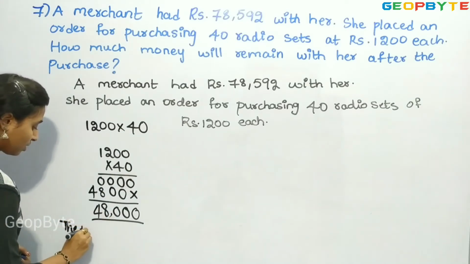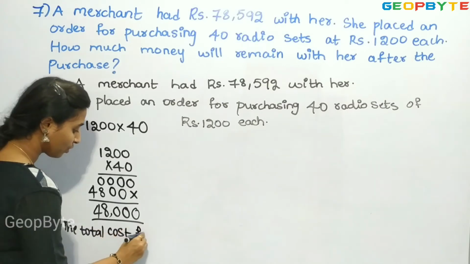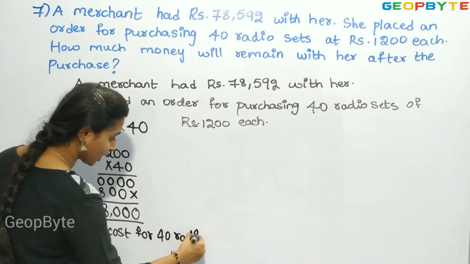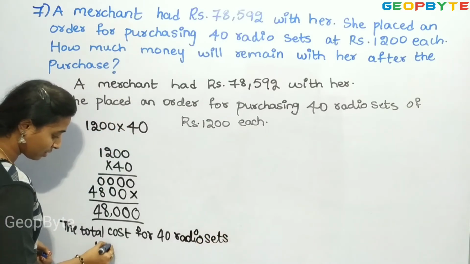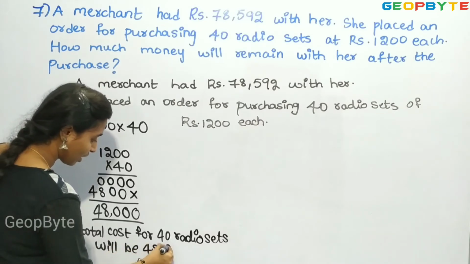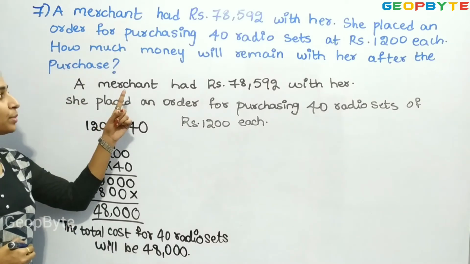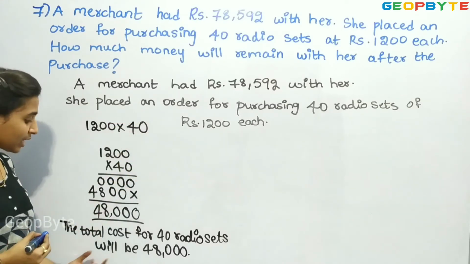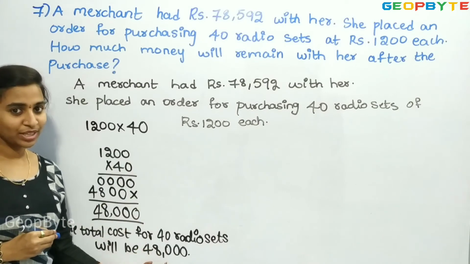The total cost for 40 radio sets will be 48,000. Now, the question is how much money will remain with her after the purchase. See, she purchases 40 radio sets at 48,000 rupees.